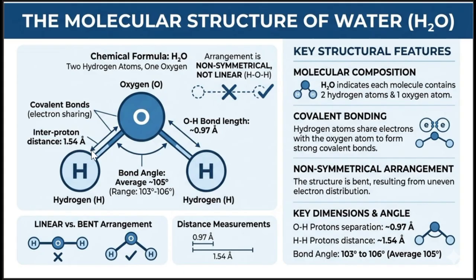From that distance information, we can say that the arrangement is not symmetrical. That means it has a bent shape. They are separated by an angle, that means H and H are separated by an angle of 103 to 106 degrees, with an average of about 105 degrees.